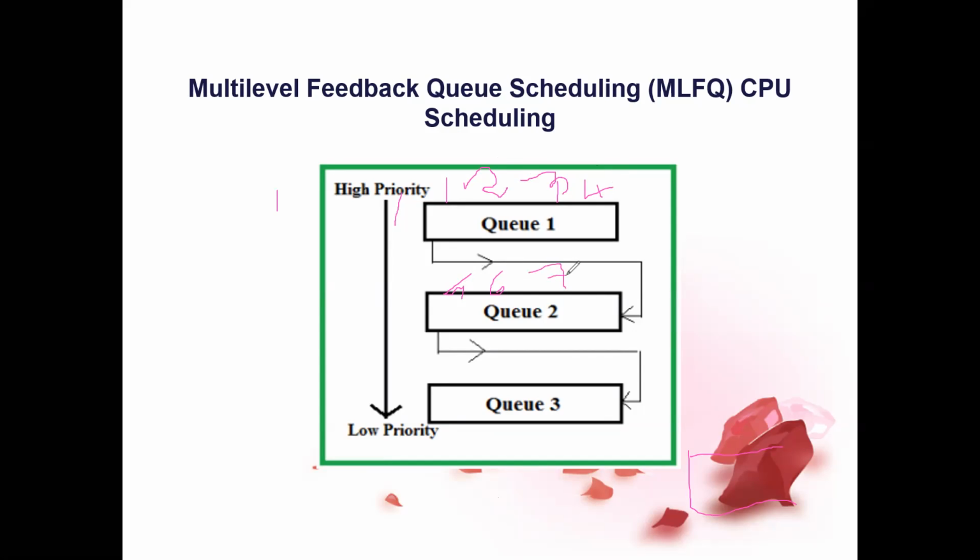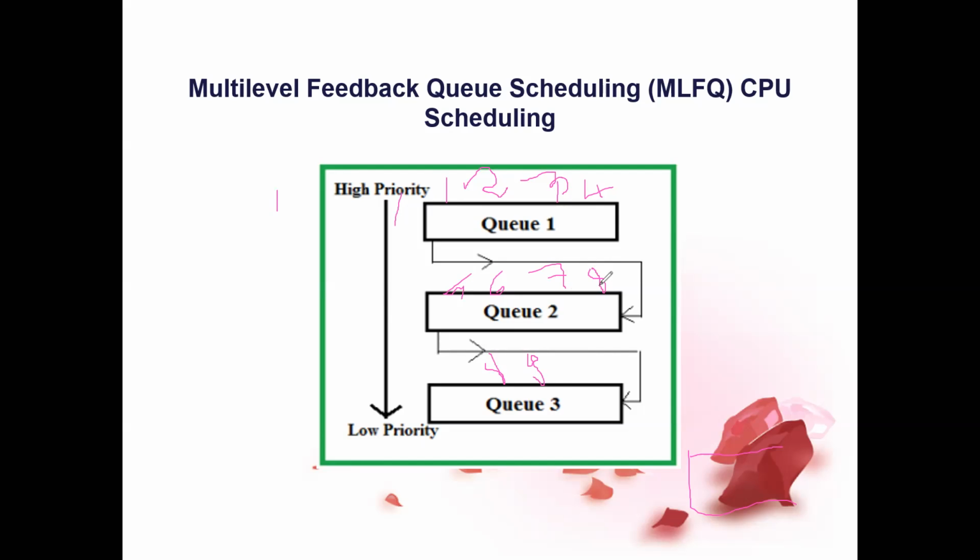So until these 4 processes complete, this will not get the turn. Here I am having process 8 and process 9. Okay. Now I'll shift this process number 8 here. So again these 4 processes will finish, then this process will get the turn, then 5, 6, 7 will finish, then this 8 will get done.